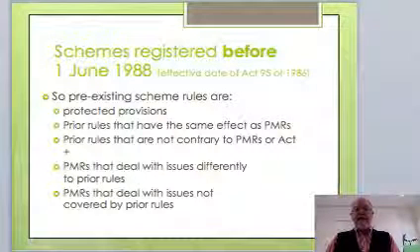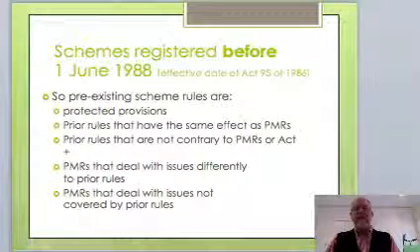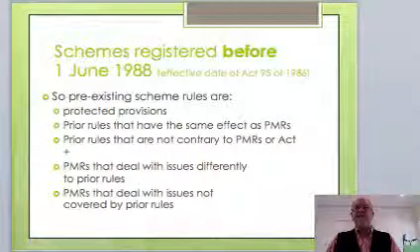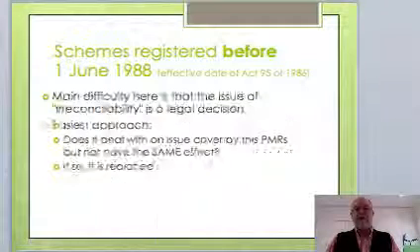And in addition, they were supplemented by those prescribed management rules which dealt differently with issues already dealt with in the prior rules, and those parts of the prescribed management rules that dealt with matters that weren't at all dealt with in the prior rules.